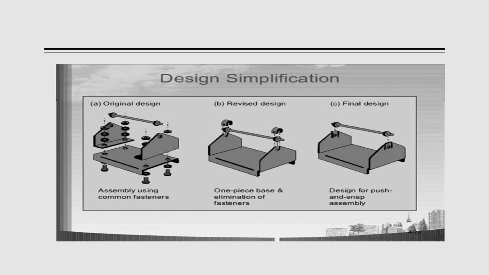But in the revised design, what we are going to do is a one-piece base and elimination of fasteners. Then in the final design, you can see the design for push and snap assembly can be identified without using many fasteners.